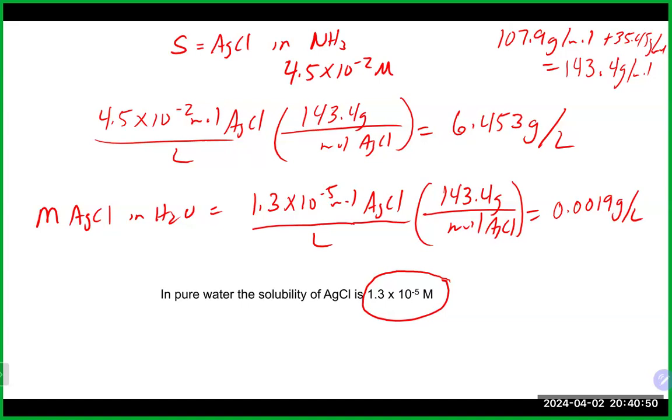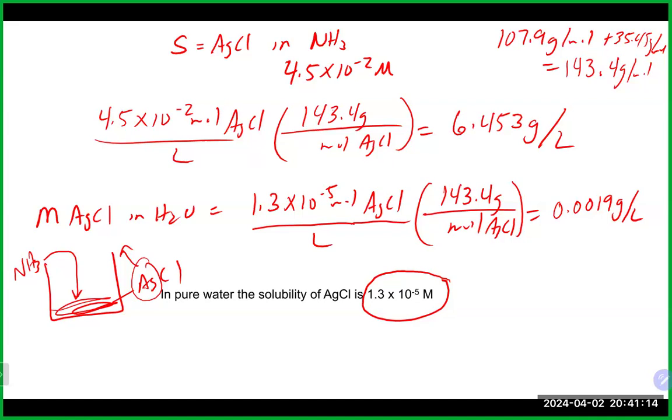That is why when you had your solid silver chloride in group 1 and you added the ammonia to it along with your mercury, the ammonia being present is enough to rip the silver out of the chloride's hands, and the silver goes, I'm going to go join up with the ammonia and make this complex ion.